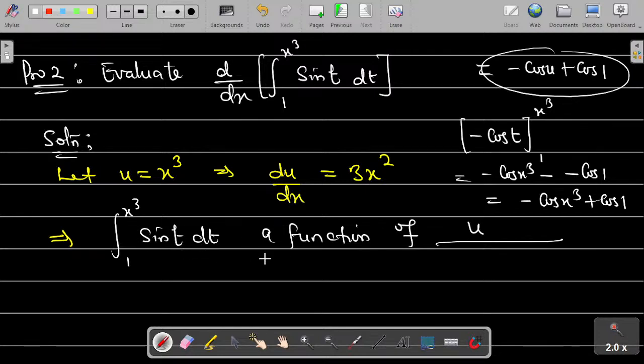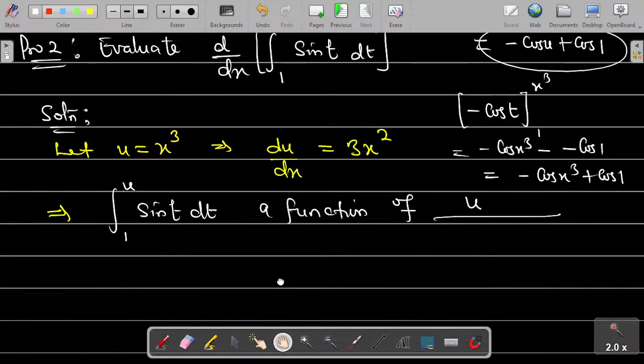At first it's a function of x, but by the time you substitute, in fact they removed this and used u here, and in place of it you have your dt here, so this will be a function of u.